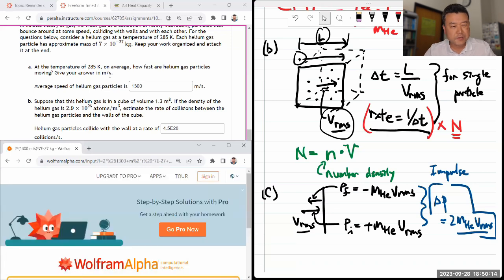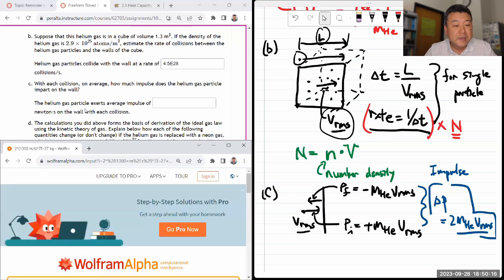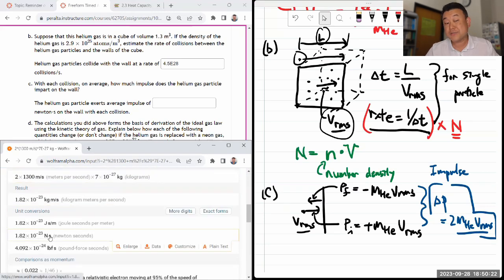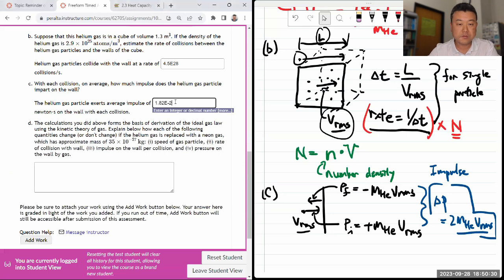And impulse doesn't have its own unit, it's Newton times a second. If you want to confirm, here it is, Newton second is one of the acceptable units for impulse. 1.82 times 10 to the minus 23 in the basic SI units.